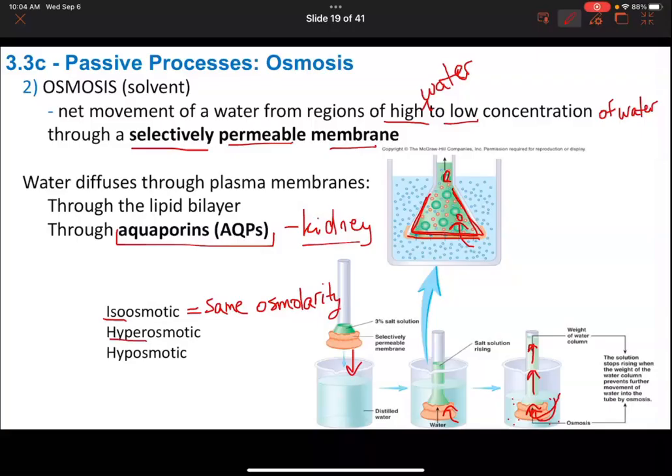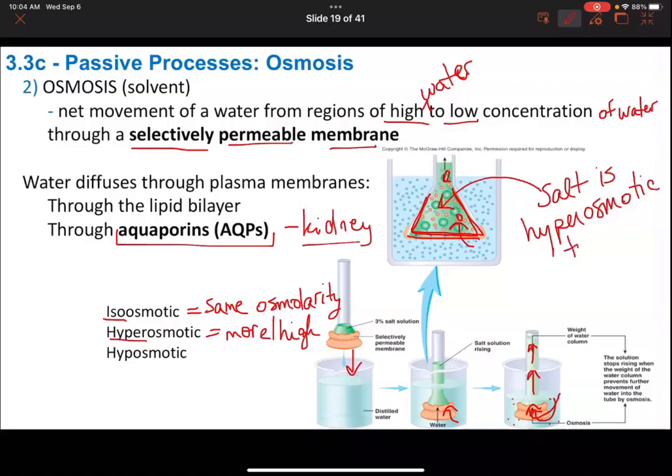Hyperosmotic is when one solution has more or higher osmolarity than the other. An example here is this salt solution is hyperosmotic to the water in the beaker. And it's always a comparative term.